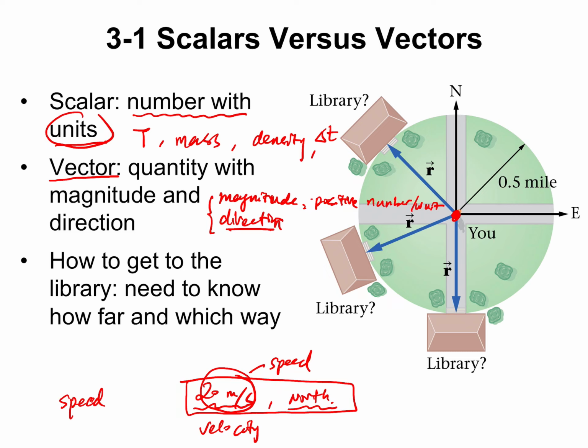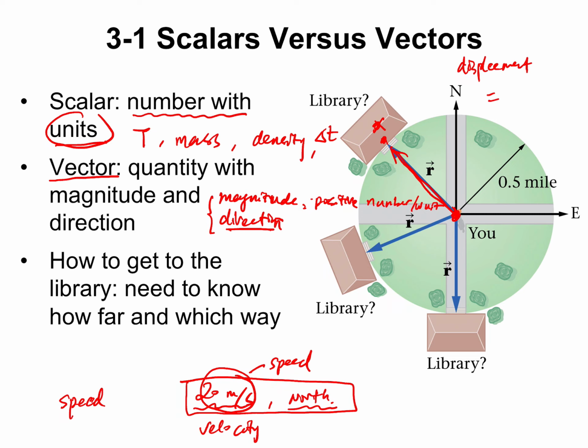Assume here is the library. Last chapter we talked about displacement: the starting point and the final ending point. You draw a line connecting them together. That change in position is the displacement.